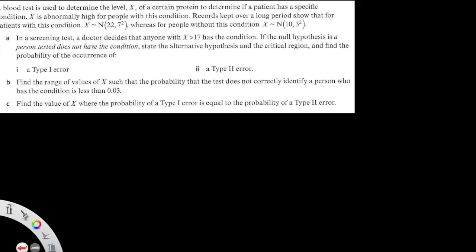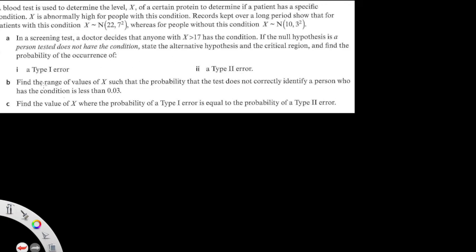Part A, in a screening test, a doctor decides that anyone with X greater than 17 has the condition. If the null hypothesis is that a person tested doesn't have the condition, state the alternative hypothesis and the critical region, and find the probability of the occurrence of first, a type 1 error, second, a type 2 error.